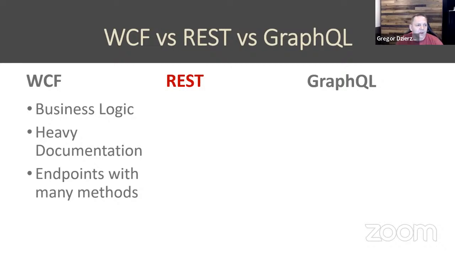It reminds me of remote procedure calls, or RPCs, where you had to spend a lot of time getting to learn what the endpoint does, not just what the data is. And it really worked as our business layer.